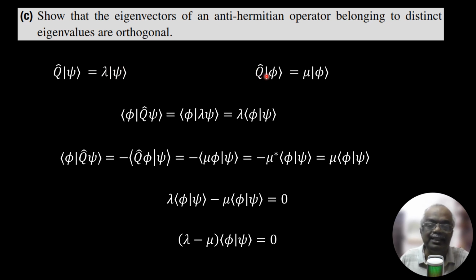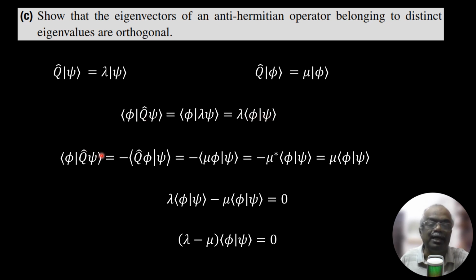When it acts on another ket vector phi, you get another eigenvalue mu multiplied by phi. Now you take the inner product phi Q psi, which can be written as, when Q acts on psi, you get lambda psi. So you can take lambda outside. This is the inner product between phi and psi.